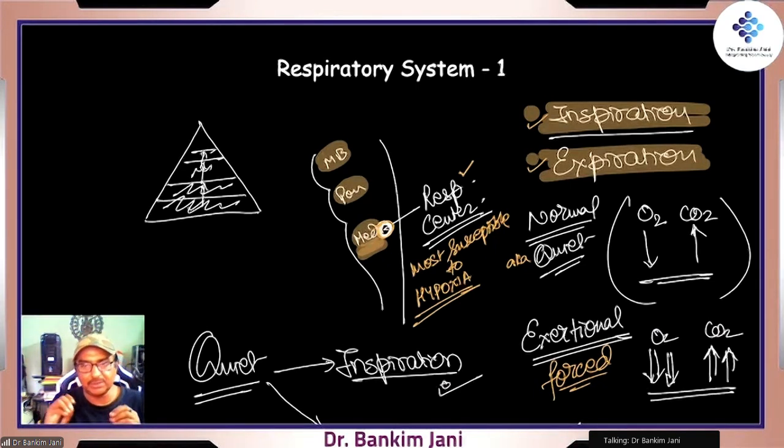Hypoxia means when there is less oxygen. This is our respiratory center. It is affected whenever the person gets a heart attack, that means the blood is not getting pushed up. It is this center which is affected. So the heart can start, but if this center is damaged, the person is like a vegetable. It is a vegetative state.